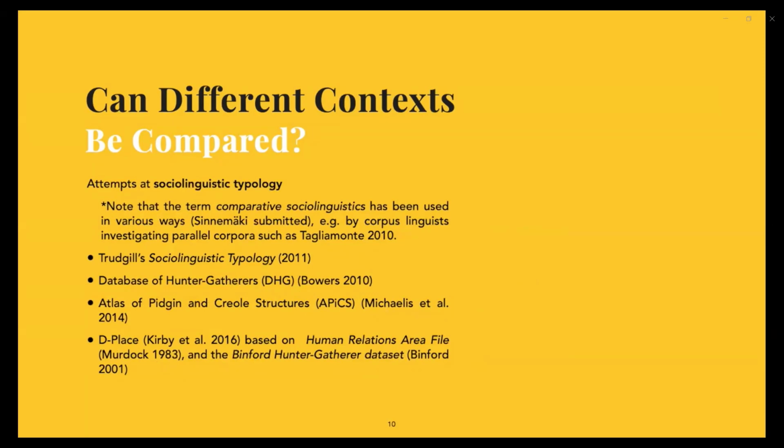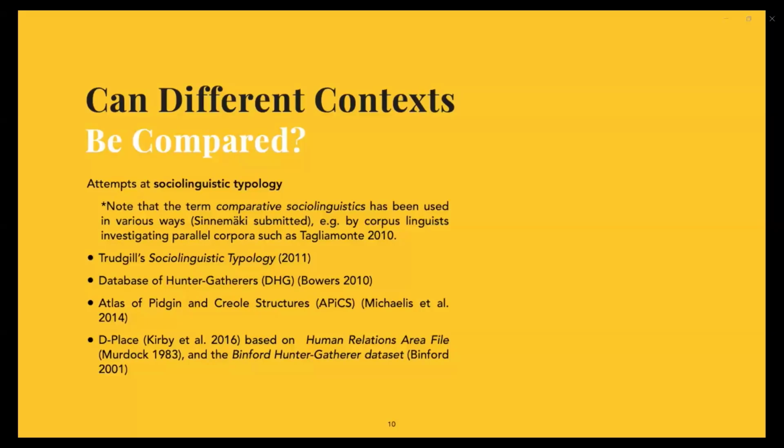If you do a quick search of the term, say comparative sociolinguistics, for example, it has been used in other ways. Gaius has written a paper about that, which will hopefully be published soon. But for example, corpus sociolinguists investigating parallel corpora, such as the work by Sali Tagliamonte, describe their work as comparative sociolinguistics, but that's not what we're talking about here.